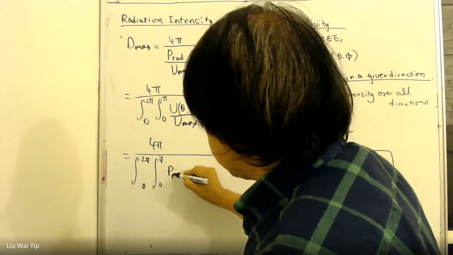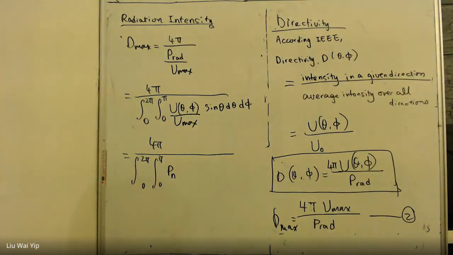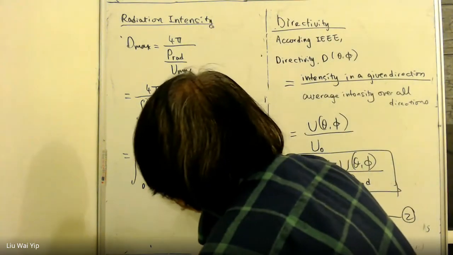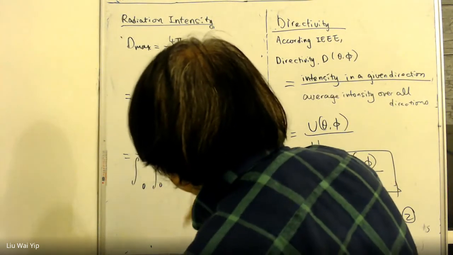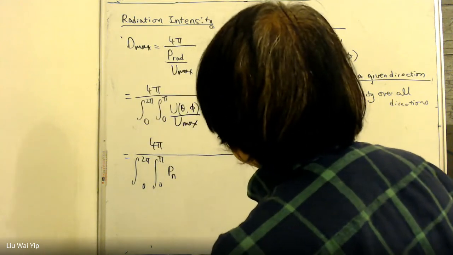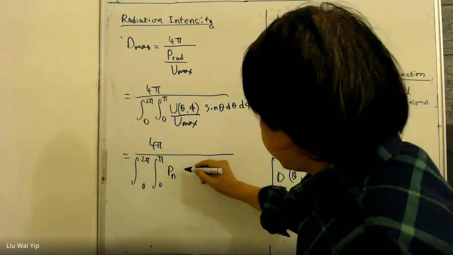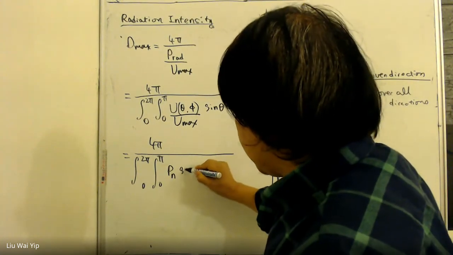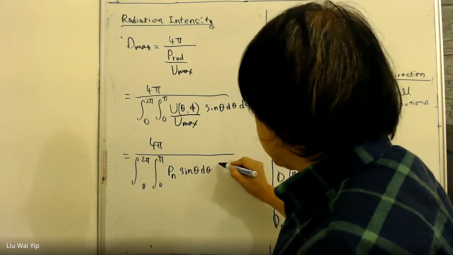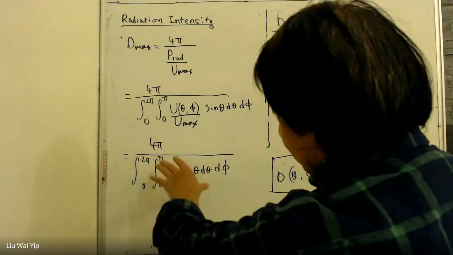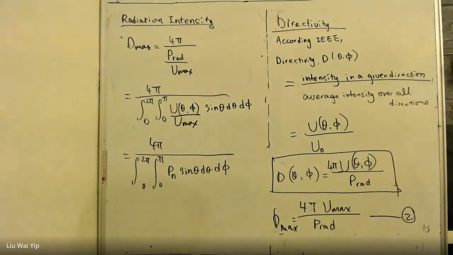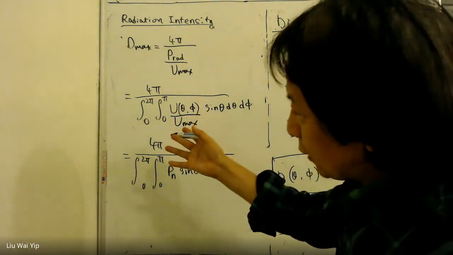What we get here is the normalized power times sine beta d beta d phi. The good thing about this formula is that the bottom expression can be directly substituted with the total beam area, because this is the definition.